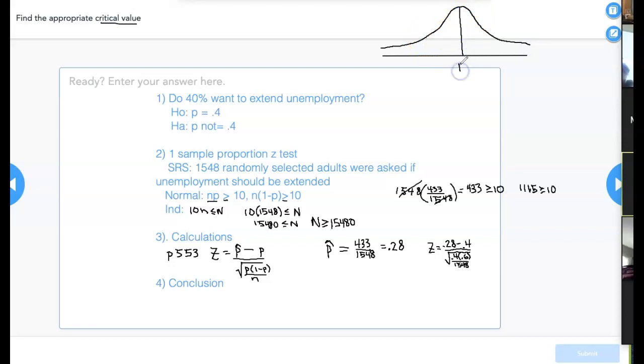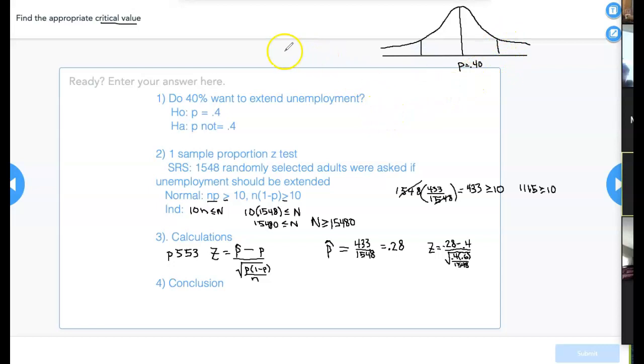Your population proportion goes in the middle. Where's your sample mean? Is it far above 40% or is it far below 40%? Okay, this is called a two-sided test. So it's either over here or over here. What number is our cutoff?